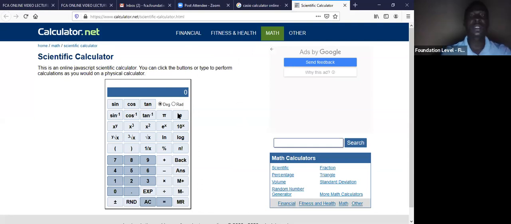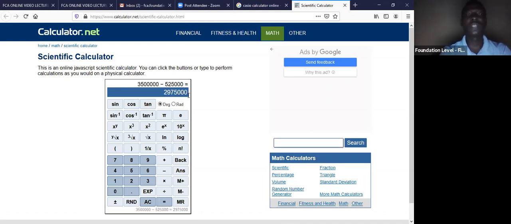3,500,000 minus 525,000. Now this is what you get as your depreciable value.